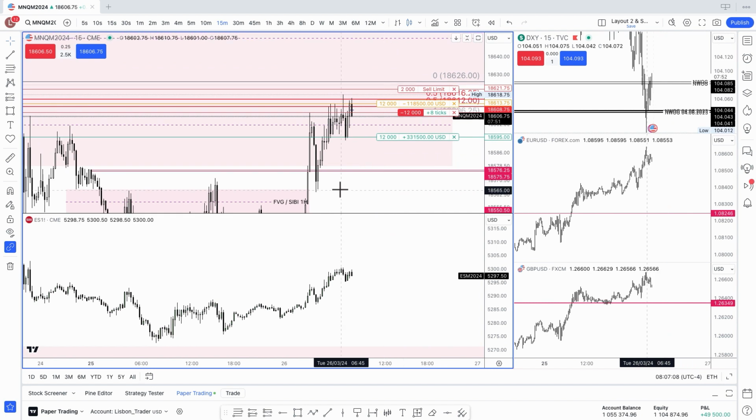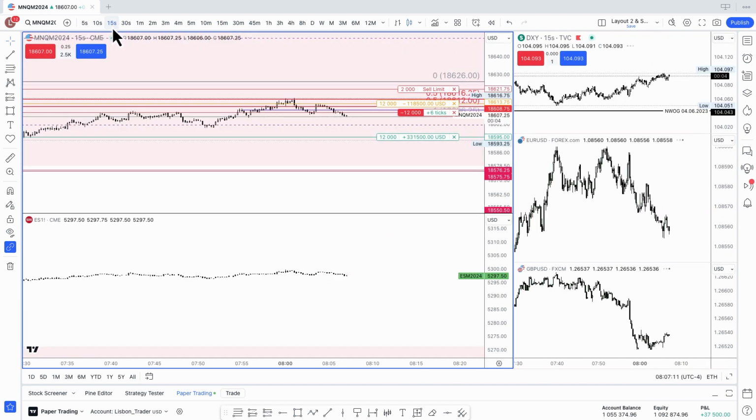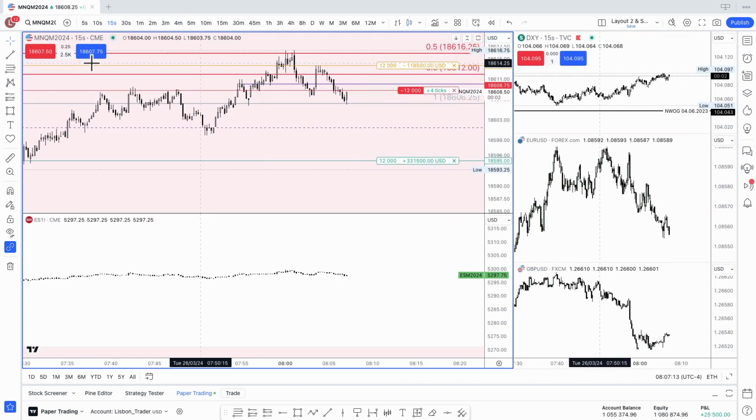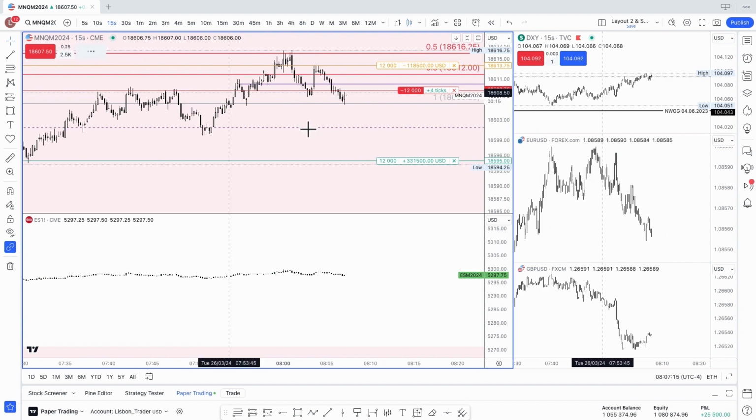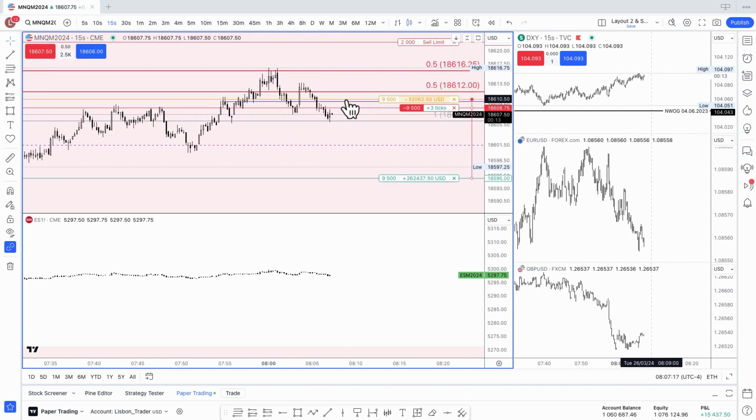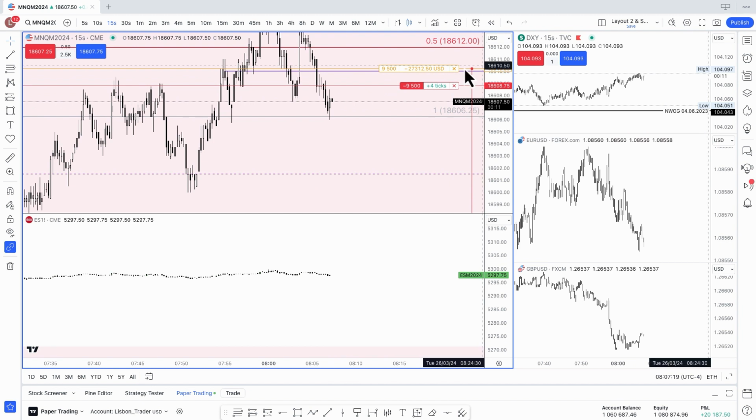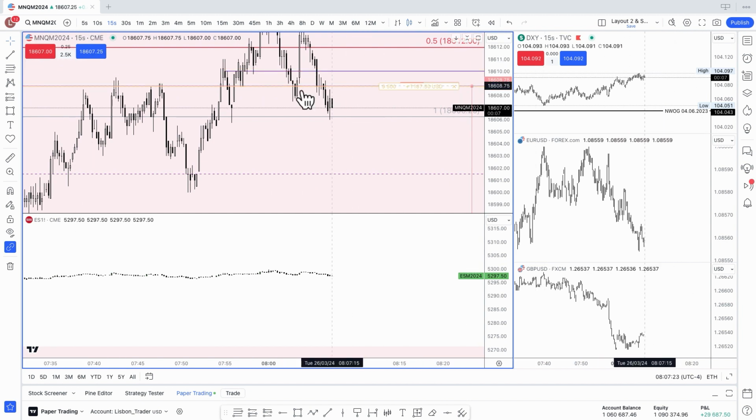So, let's see. Taking some profits, reducing the risk, 27k risk. Now we are at break even.